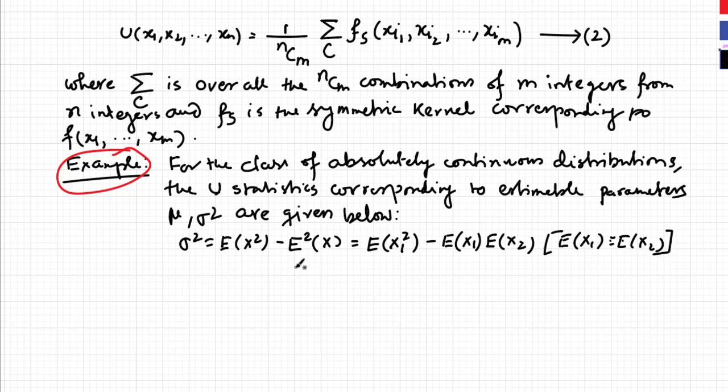Now since xi's are independent, again we write this portion as expectation x1 into x2, and this is equal to this.